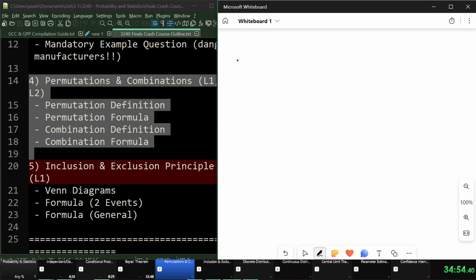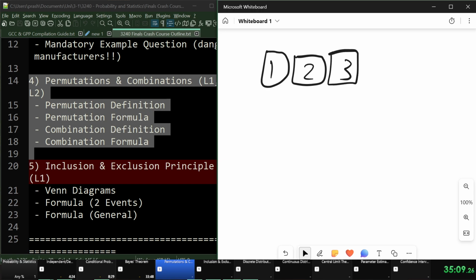So for permutations, a permutation is an ordered set of arrangements. What that means is that if you've got 3 items, 1, 2, and 3. Let's say you've got 3 seats, and you've got 3 people that want to sit down.